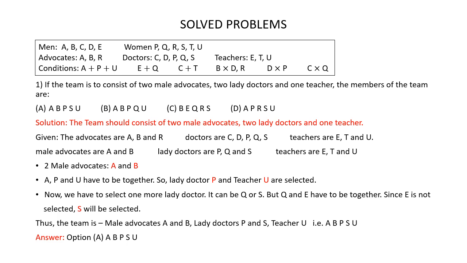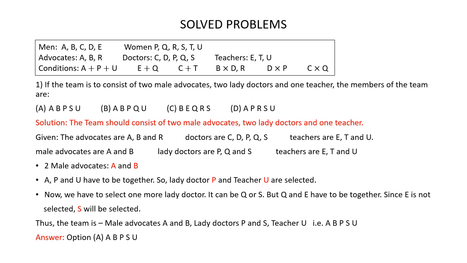According to the conditions given, we know that A, P and U have to be together. Since A has already been selected, it clearly means that P and U also have to be selected. So, lady doctor P and teacher U are selected.